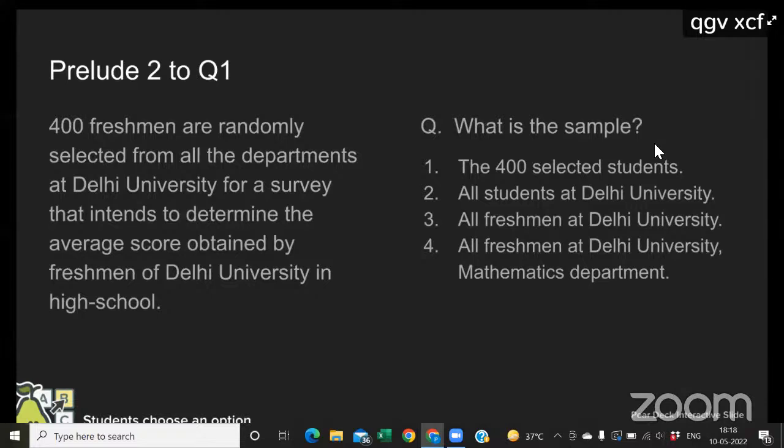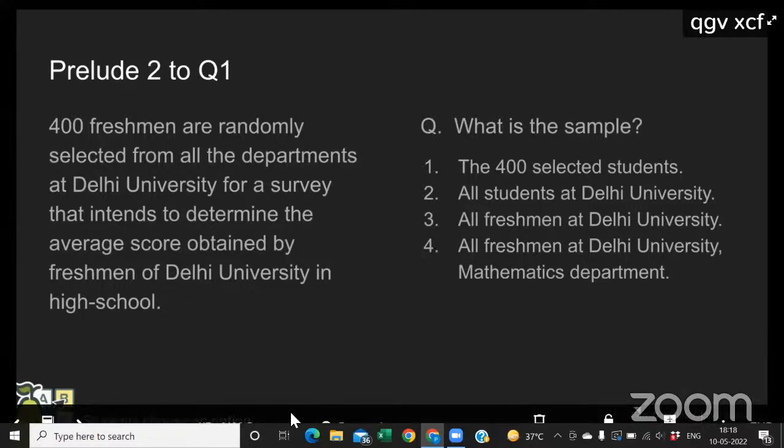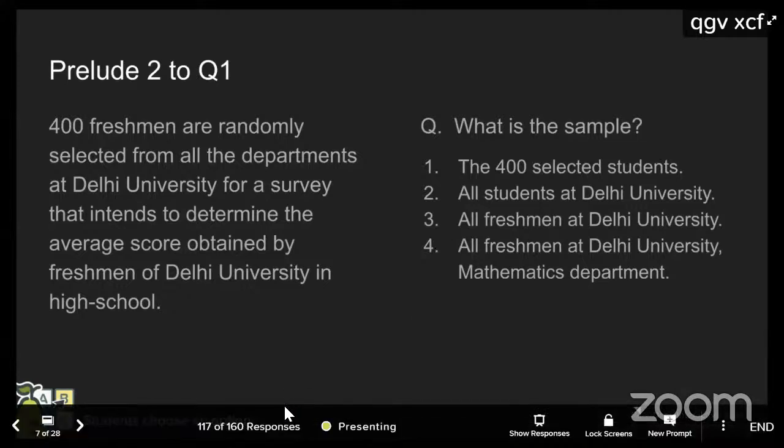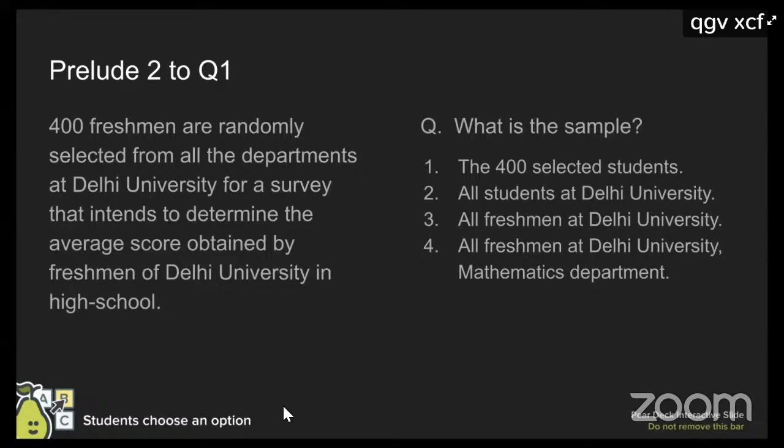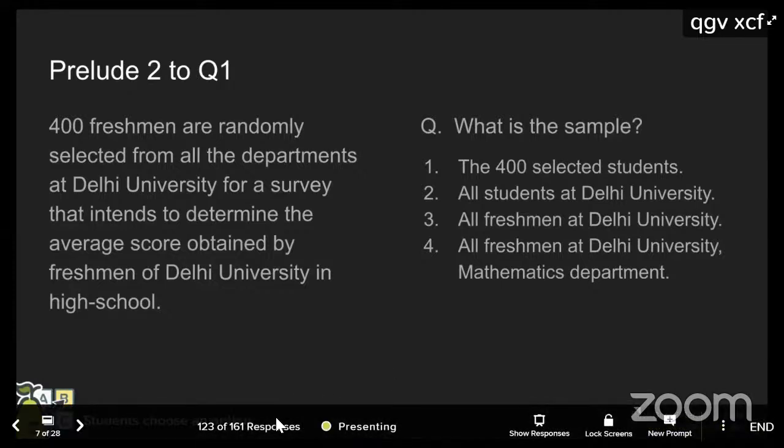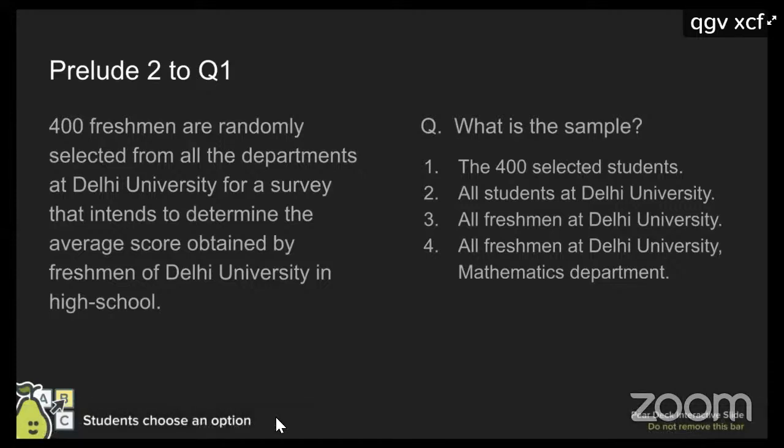So read the question and attempt it. Done, sir. Okay, I can see 118, 120 responses. Let's wait for 1 more minute. After that, we will see what the correct answer is and what the result is.